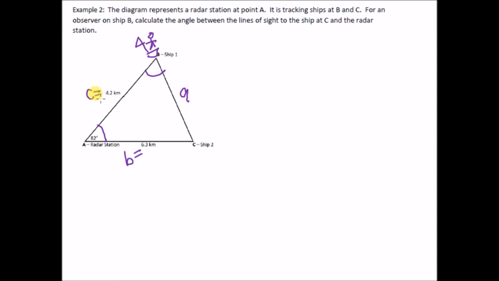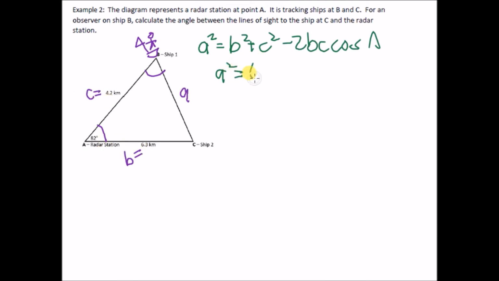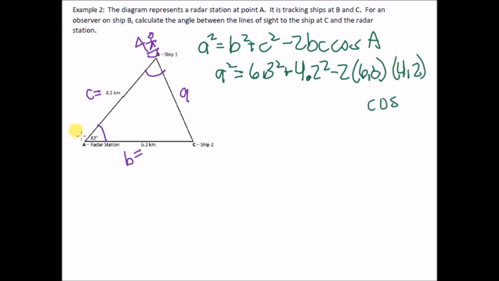So let's go with cosine law. We're going to find side A. So it's going to be A squared equals B squared plus C squared minus 2BC cos A. Okay, so B is 6.3. So it's going to be 6.3 squared plus 4.2 squared minus 2 times 6.3 times 4.2 cos, and then the angle that we have for angle A is 82.